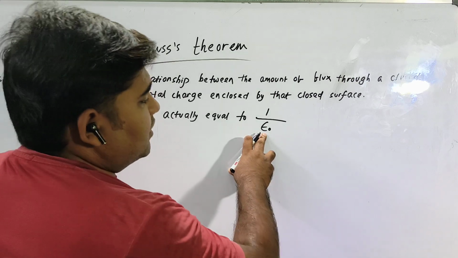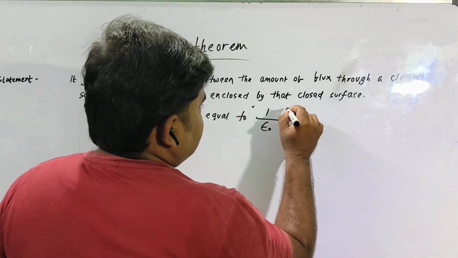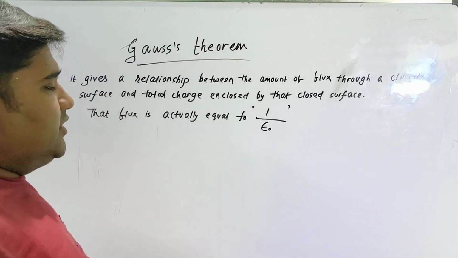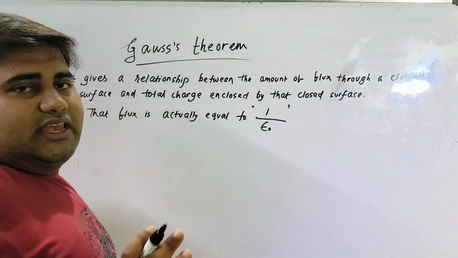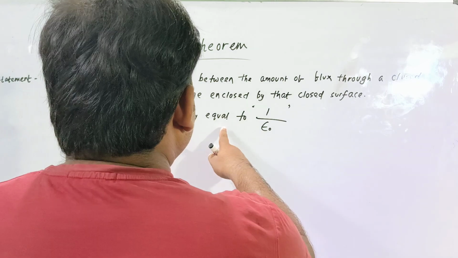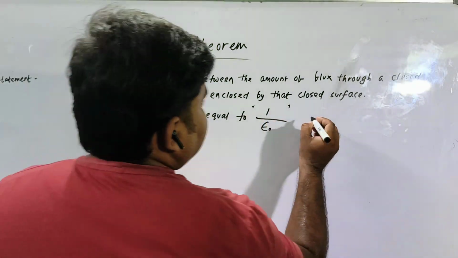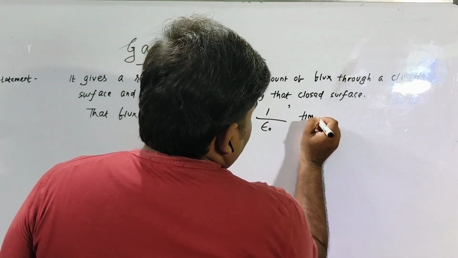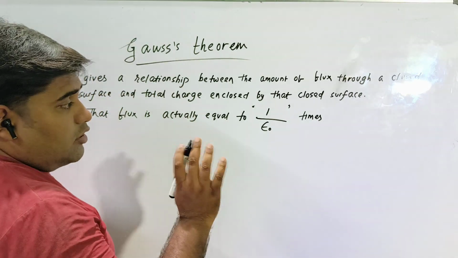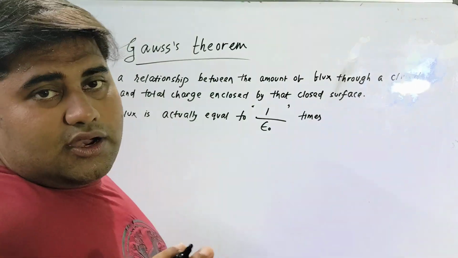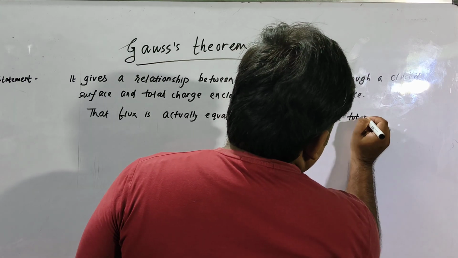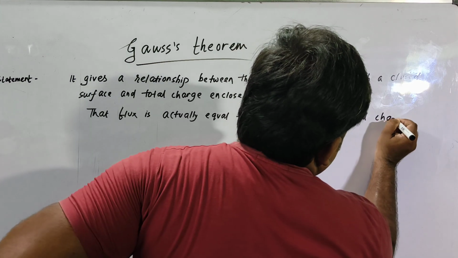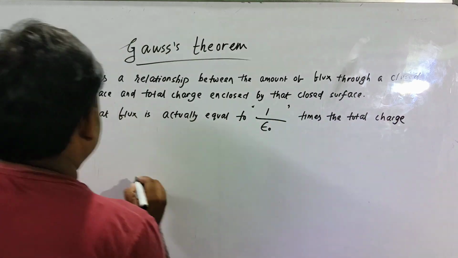You remember epsilon naught? What is epsilon naught? It is the permittivity of free space. You have to remember its value also. It is equal to 1 by epsilon naught times the total charge enclosed.